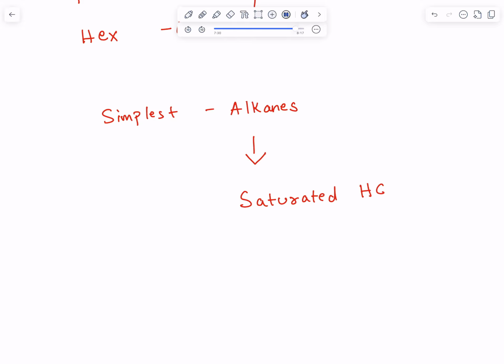I'm just using the short form, lazy tutor that I am, so I'm calling hydrocarbons HC. What does saturated mean? They contain only single bonds between carbon atoms. Saturated means every carbon is joined by single covalent bonds. We do have double and triple bonds in organic chemistry, but alkanes have only single covalent bonds. So each carbon makes 4 bonds and hydrogens fill in the gaps.